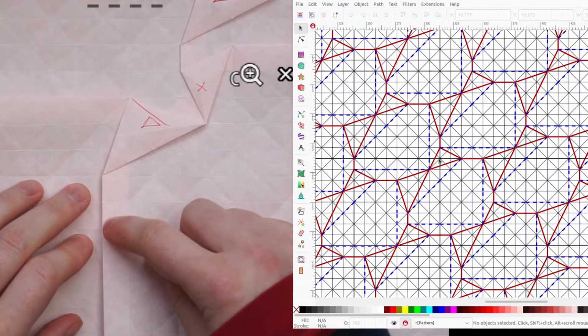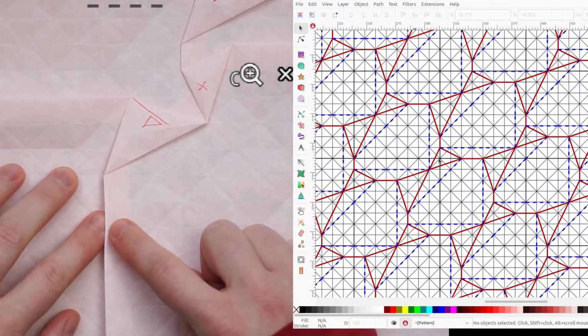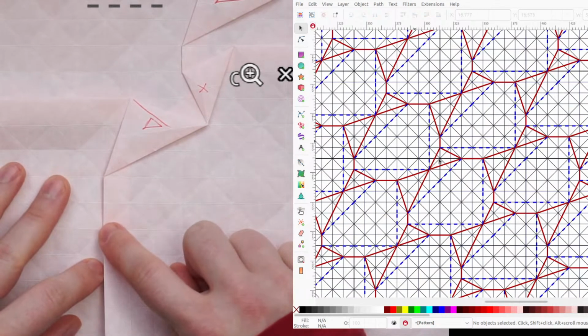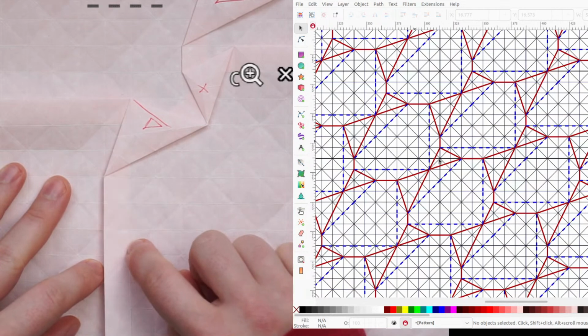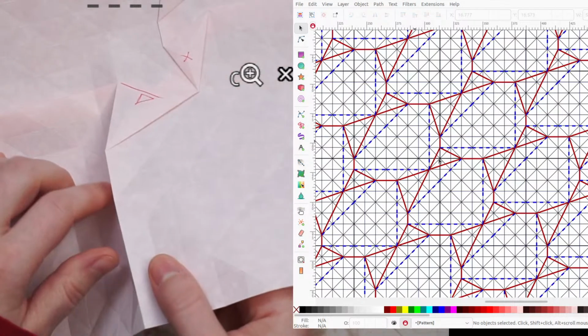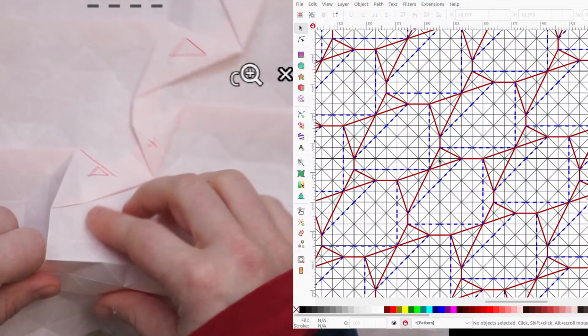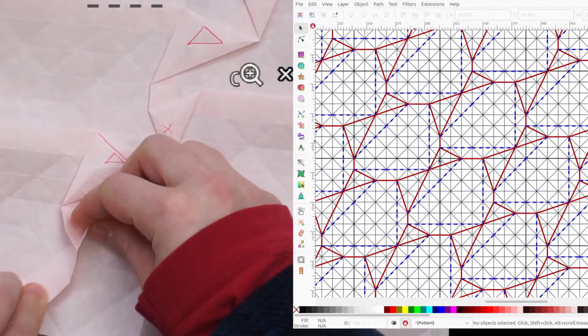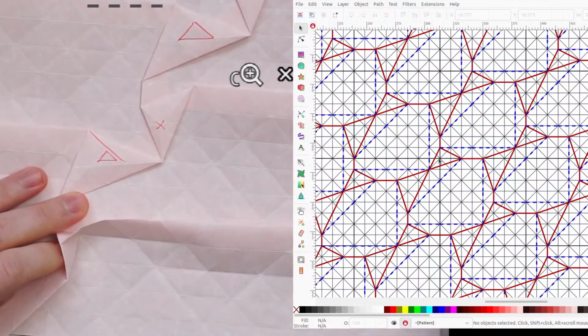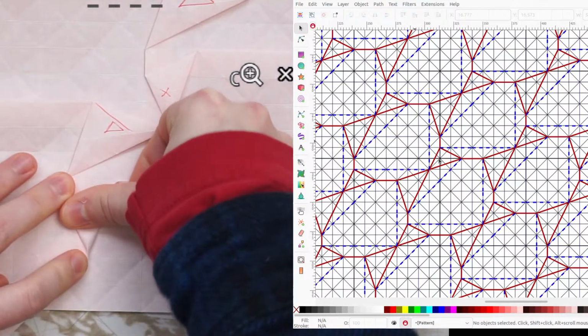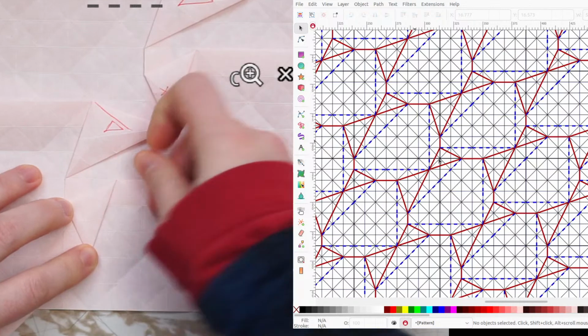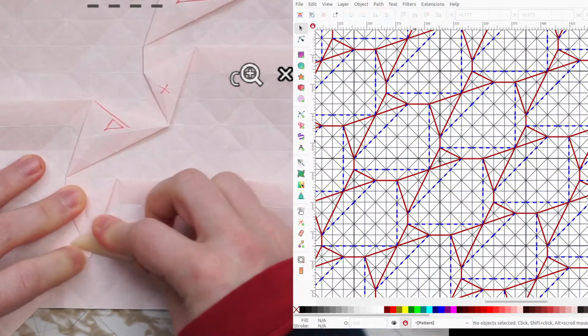So tip, 2 spaces down. We know it's the right one because it's an intersection that has diagonals. And I'm going to need a horizontal out to the right and that's going to give me a diagonal down and to the left. And then I can go ahead and squash my twist.